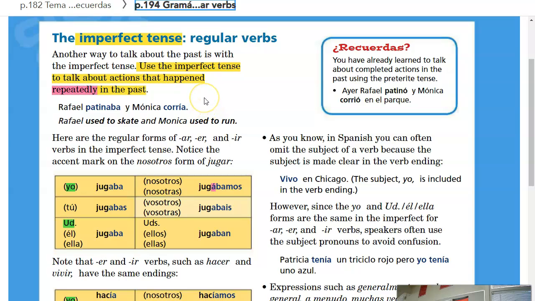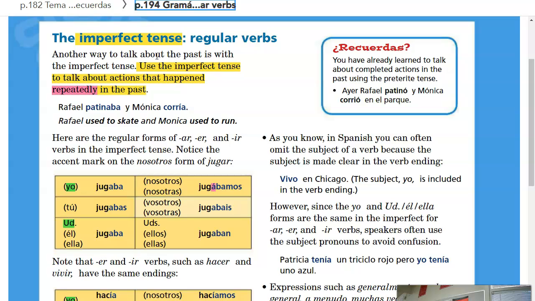We talked about how the imperfect is another way to talk about past actions, and compared to the preterite, which is what we use to talk about simple past actions, actions that we did just one time only in the past. We use the imperfect in contrast to talk about repeated actions, things that we did habitually in the past.